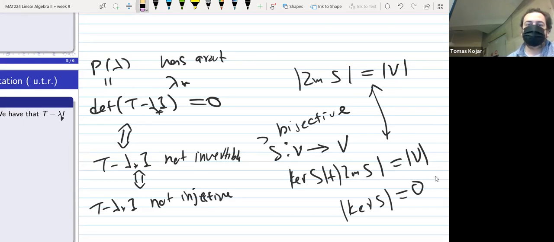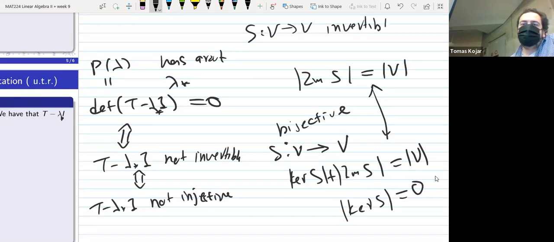In other words, when S goes from V to V, invertible is the same as the kernel of S being 0, which we defined as being injective.